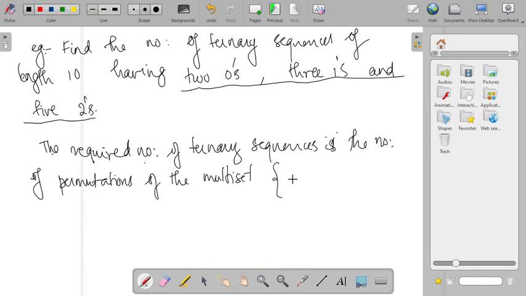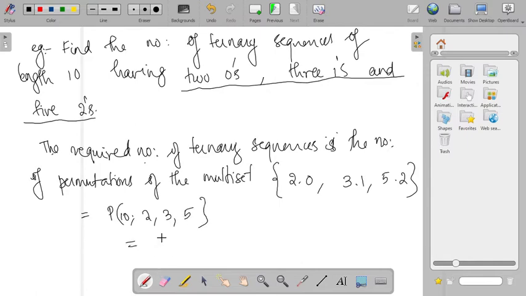So the multi-set is 2 zeros, 3 ones and 5 twos. So that is equal to P of 10, then you have r1, r2, r3 upon 2, 3, 5.